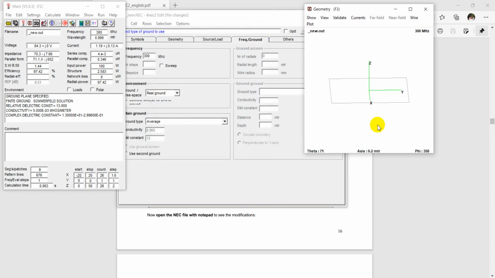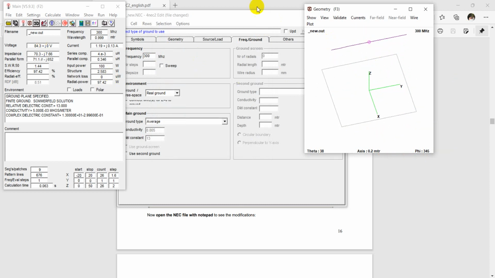You can see the antenna is now above the ground at 0.5 meter up.